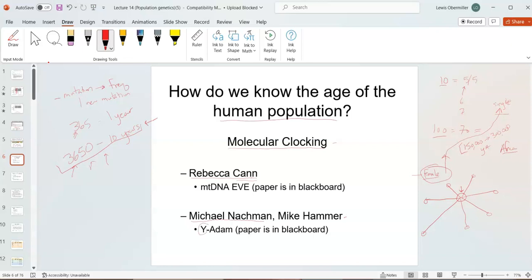He used the Y chromosome to do the exact same thing she did with the mitochondria. I put these papers in Blackboard, by the way. His data fit very well with Rebecca's data. It said about 200,000 years ago in Africa was the original male.